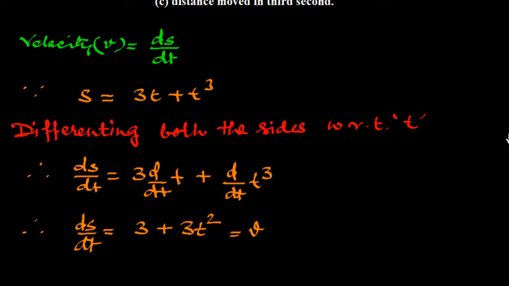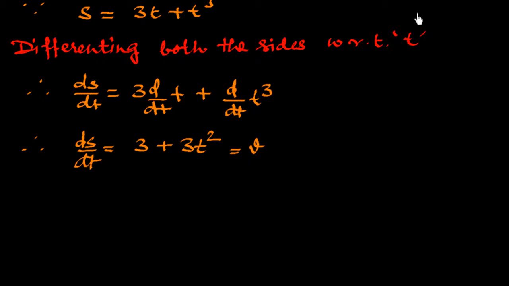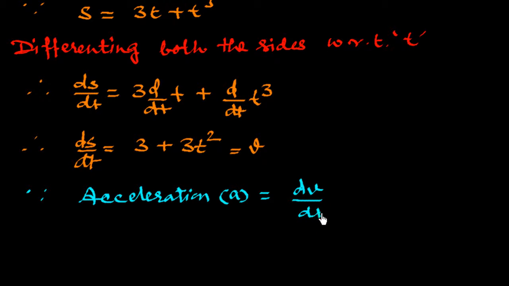Now we have to find out the acceleration, because we know that acceleration a is equal to the rate of change in velocity, dv over dt, or we could write it this way, d square s over dt square.